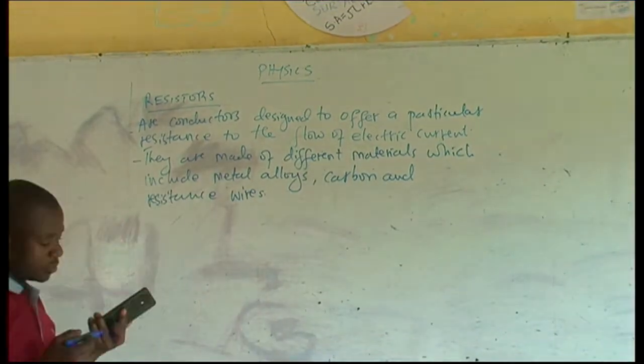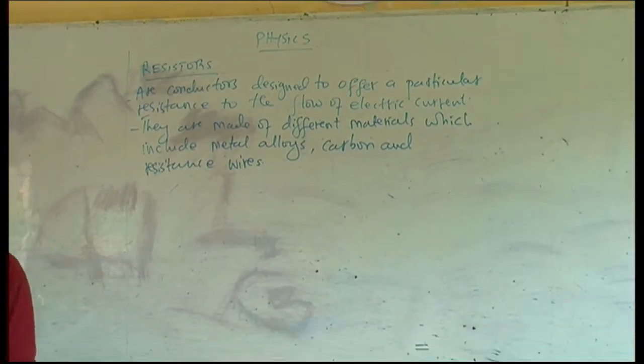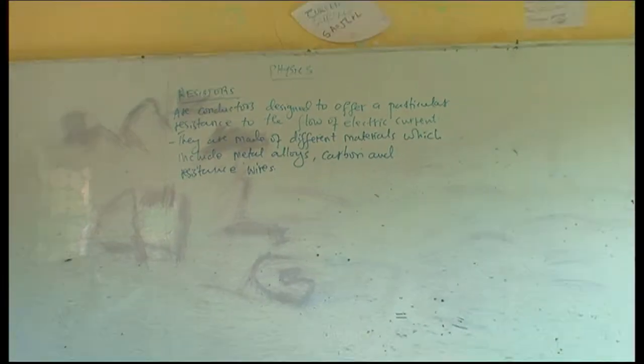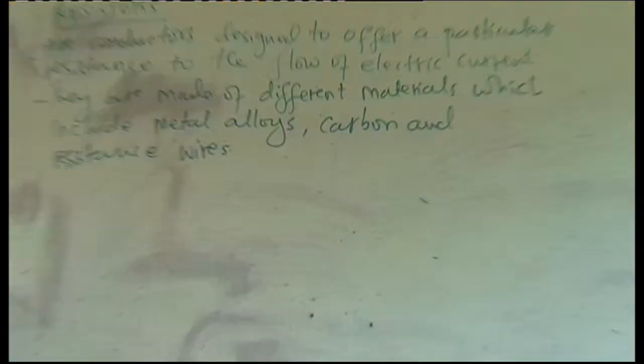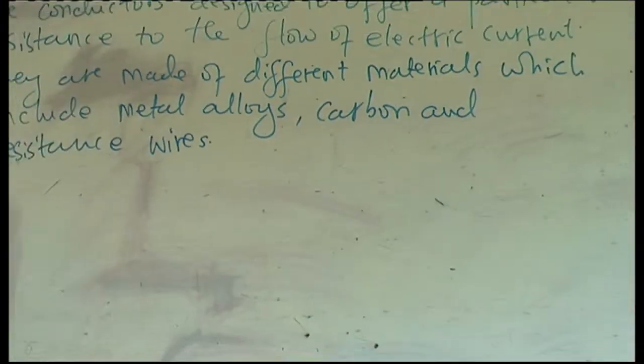So those are some of the materials that are used to make resistors, which are the materials that offer a particular resistance to the flow of electric current.